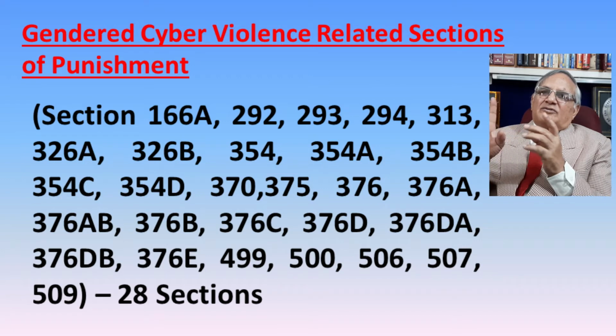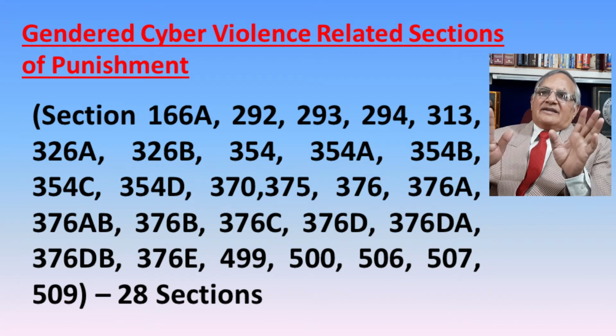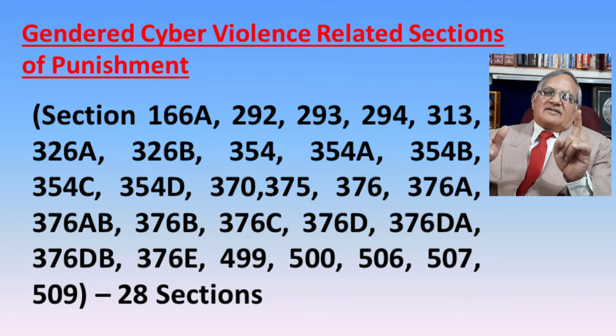Whoever assaults or uses criminal force to any woman, intending to outrage or knowing it is likely that it will outrage her modesty, shall be punished with imprisonment of either description for a term which shall not be less than 1 year, but which may extend to 5 years. That is for outraging the modesty, 354.